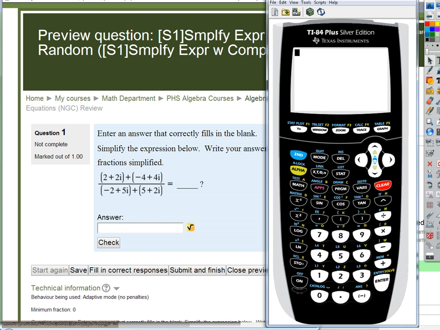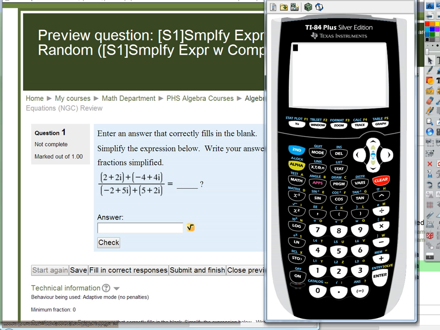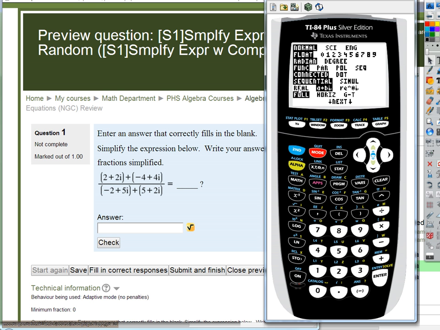So for example, if I wanted to solve that on the calculator, all I've got to do is go to mode, go down near the bottom where it says real, a plus bi, and then another option. We want a plus bi as our option, right? And then we're just going to enter this thing and ask it to simplify for us. So because we can't use fraction mode on this, we're going to have to enter this as one big fraction, right?